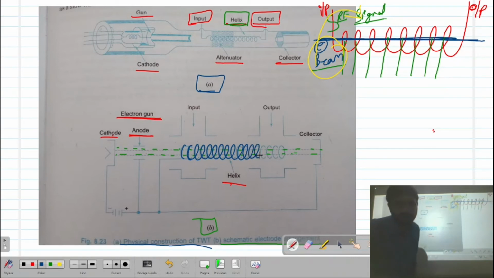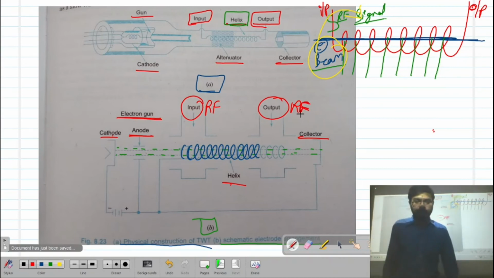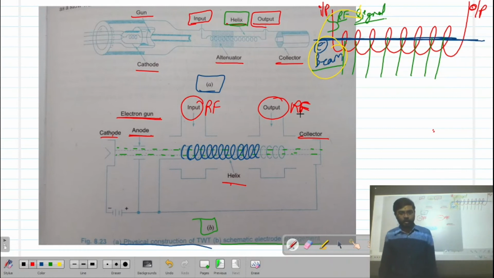You can imagine how the coil will be associated, and you will have a collector over here to collect the electron beams, and you will take the input and output. This is RF, this is RF. So this is the schematic of the electrode arrangement, and this is all about the traveling wave tube.